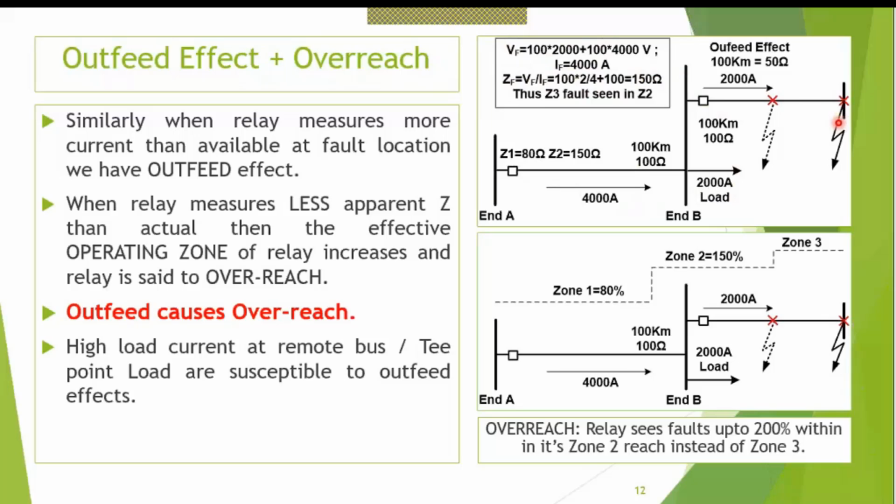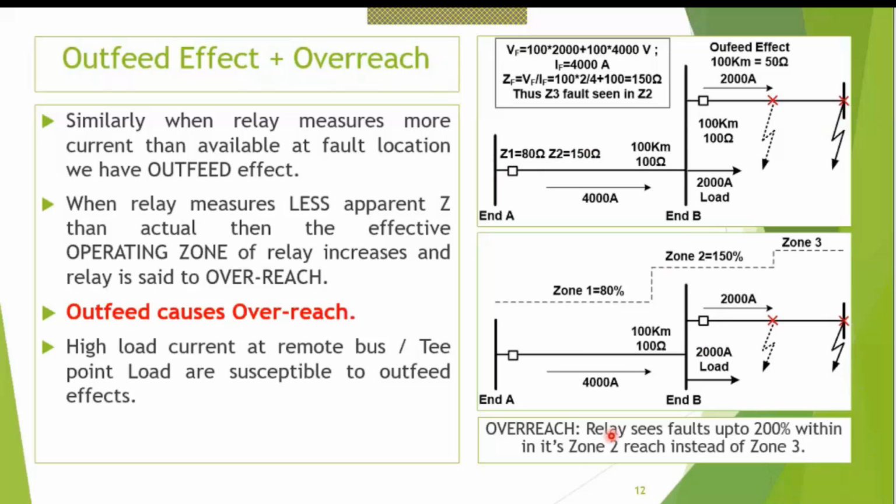So the fault which occurred at 200 ohms, at 200 kilometer distance, is being seen as a 150 ohm fault, and it will be seen by this relay to be occurring at 150 kilometers. Suppose I have a zone 2, so this fault should have been originally in zone 3. Suppose I have set my zone 2 at 150 ohm as in this example. So this relay will operate for this out zone fault.